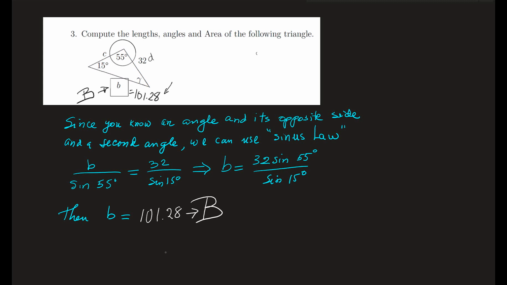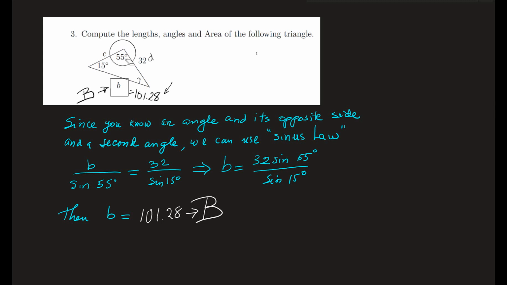Now, we actually know two angles and two sides. It remains to calculate an angle and one side. This angle is easy to find because the interior angles of a triangle add up to 180 degrees.